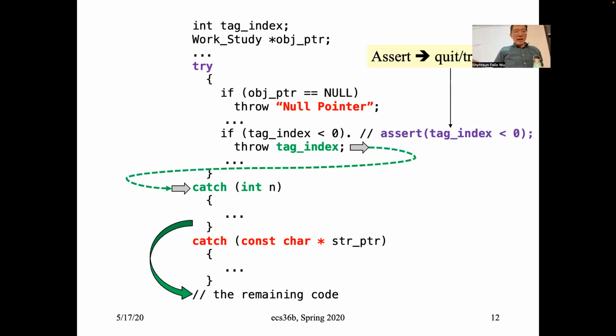On the other hand, if you invoke the second throw, for some reason you didn't have a null pointer, but you have a negative tag index problem. So you throw the tag index, which is caught by the first one, where the parameter is the integer n, the information you would like to pass to the catch clause. After you finish this one, you jump directly out to the same point. Okay, so that's basically the logical flow of how things go.